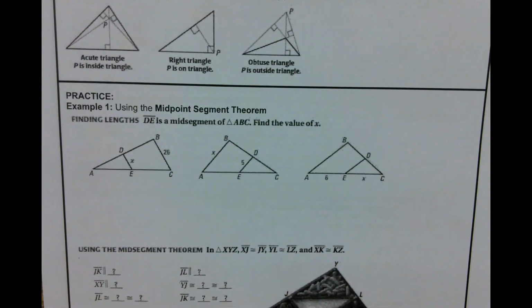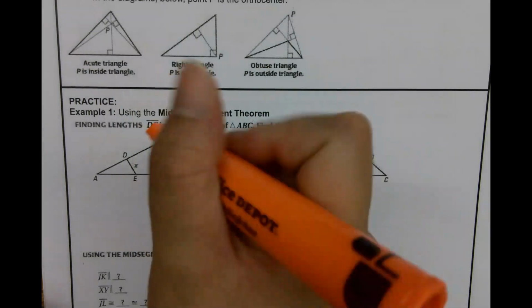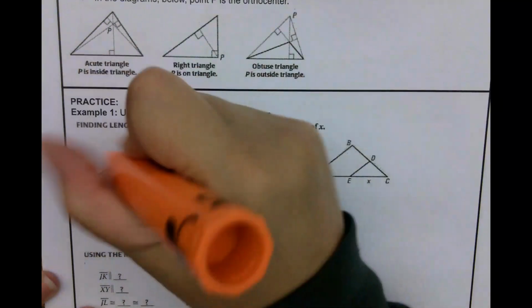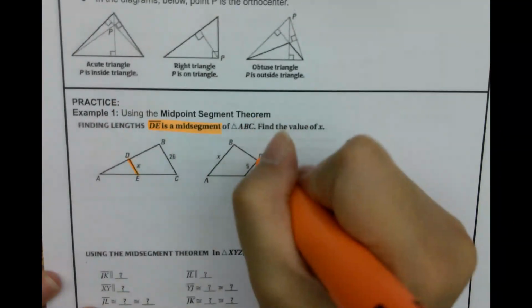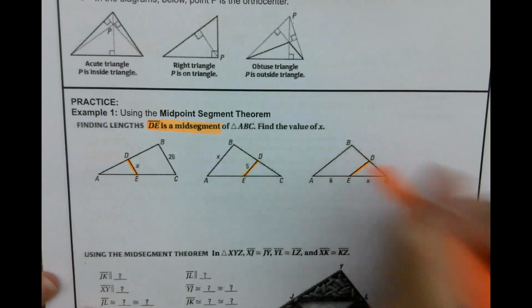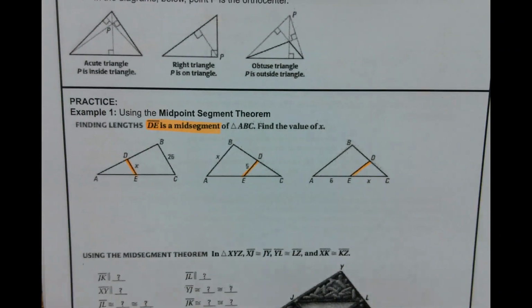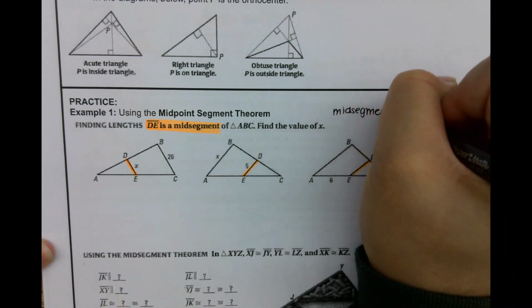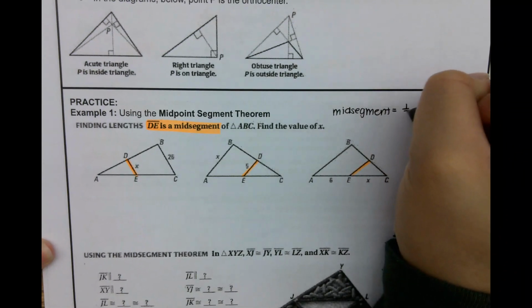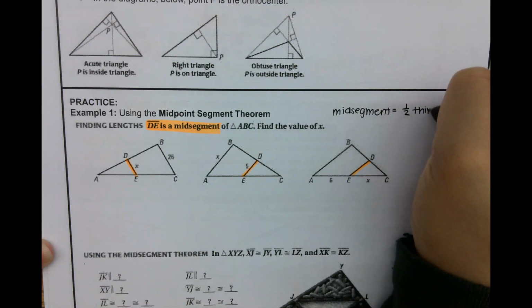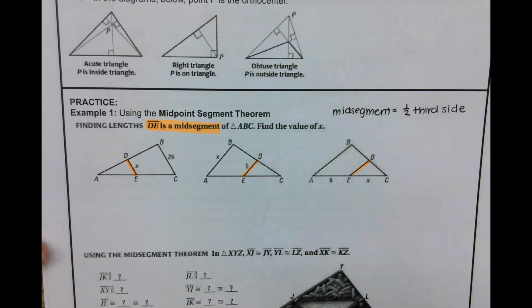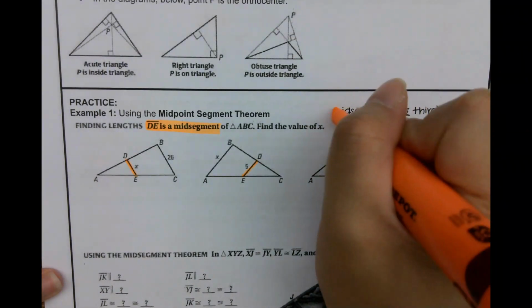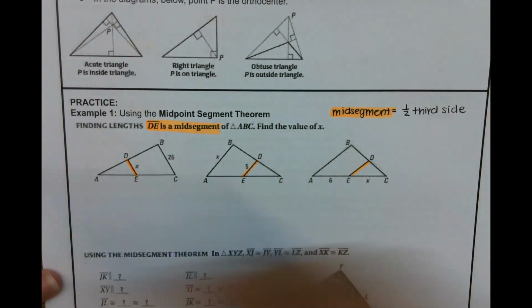DE is a mid-segment. Here's the mid-segment, DE. And what we know is that the mid-segment is half of the third side.